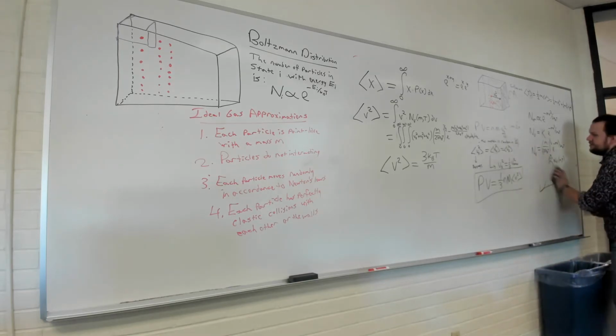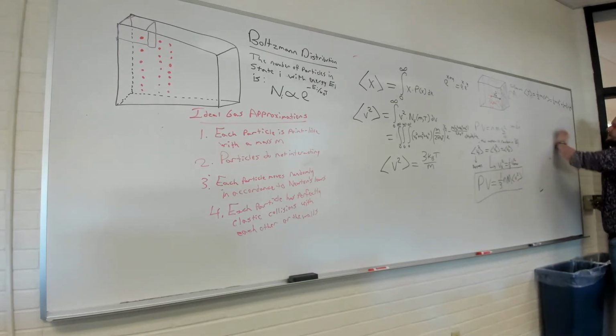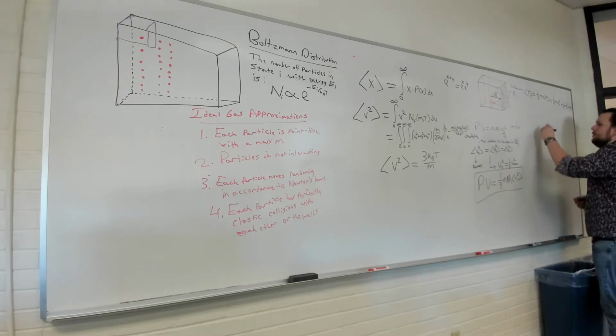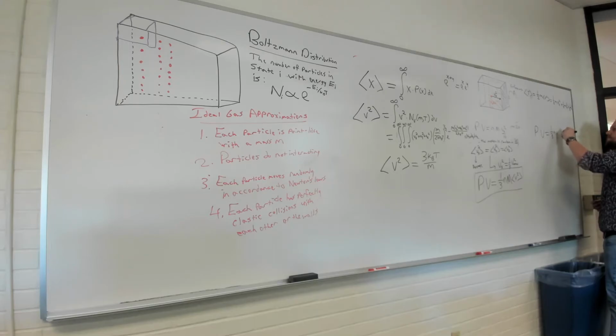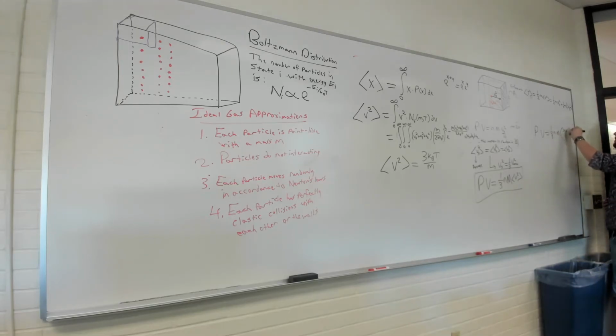Right, so when we plug this in, we get PV equals 1/3 times n times m times 3 kT over m. We have a discrepancy in the units here because this is molar mass and this is mass. So we have a factor of Avogadro's number to deal with.